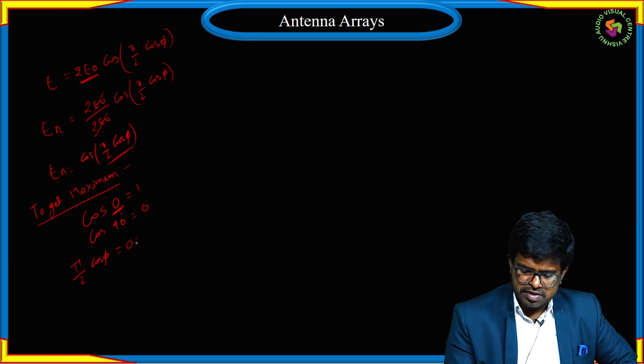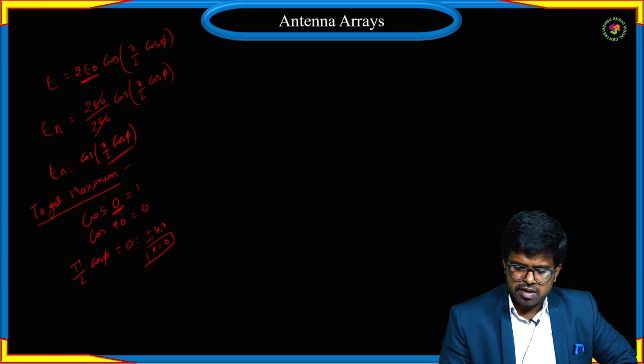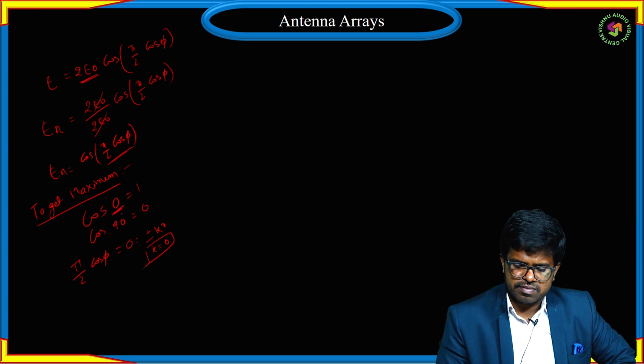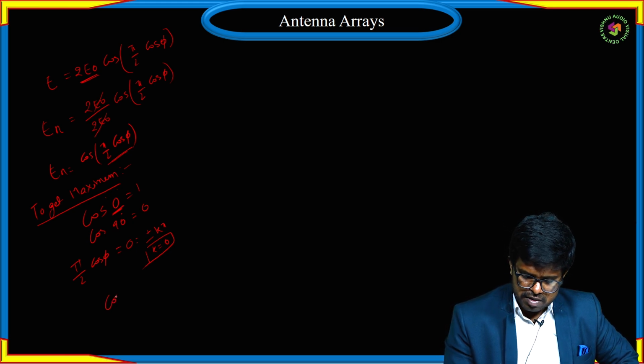We can write it as plus or minus kπ, but we will substitute k equal to 0. Whatever the value inside the bracket, we will consider as 0. Then from this cos φ equal to 0, φ equals cos inverse 0.